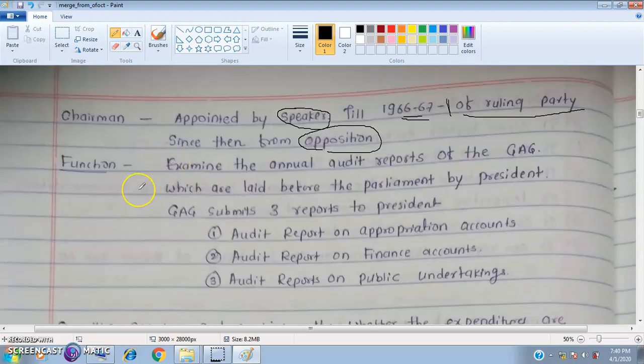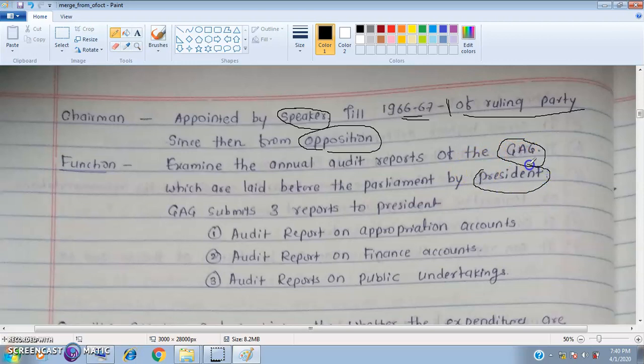Now the function. The prime function of this committee is related to the Comptroller and Auditor General of India, CAG. We know that CAG submits its report to the President, and the President lays these reports before the Parliament. So important thing, whatever annual reports CAG prepares, he does not lay this report before the Parliament.